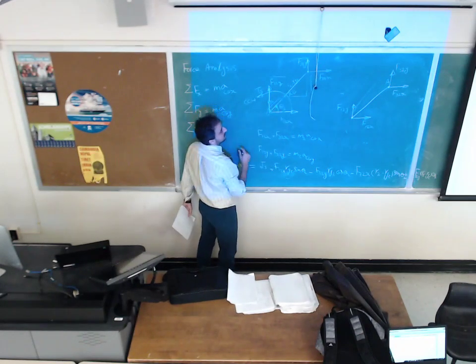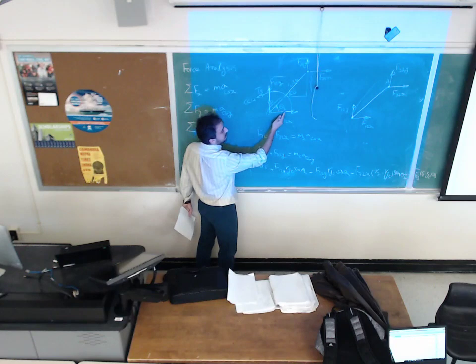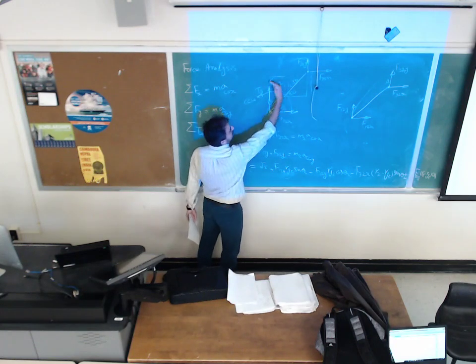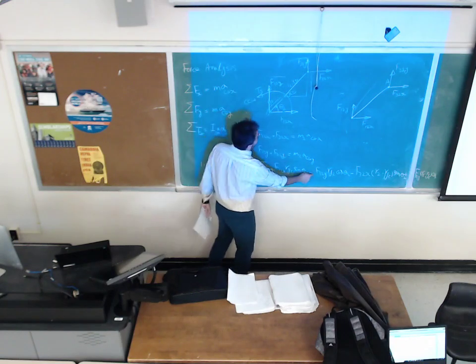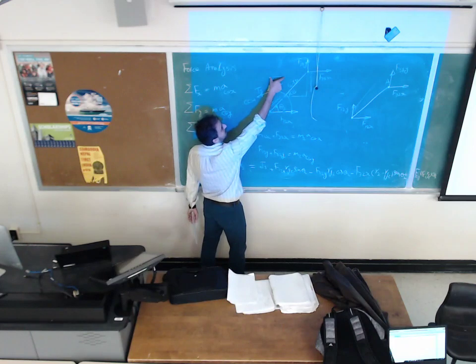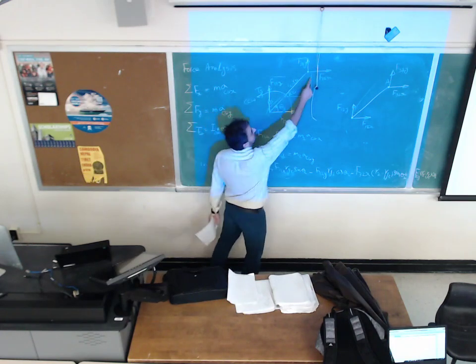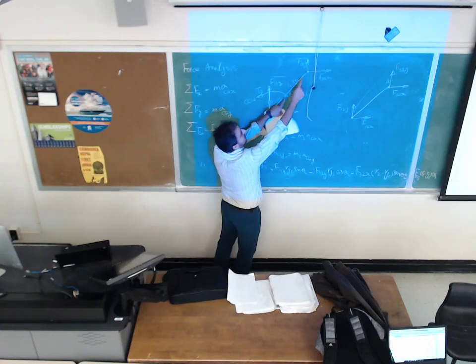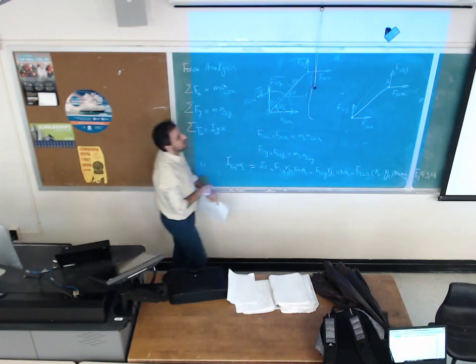Is it making counterclockwise or clockwise? This force is making counterclockwise, so I put positive. For this one, it's going to be negative, and the perpendicular distance would be RG2 cosine of theta 2. Similarly for these two forces, except the distance is going to be this times sine and cosine, and this distance is R2 minus RG2. And set it equal to mass moment of inertia times alpha 2.